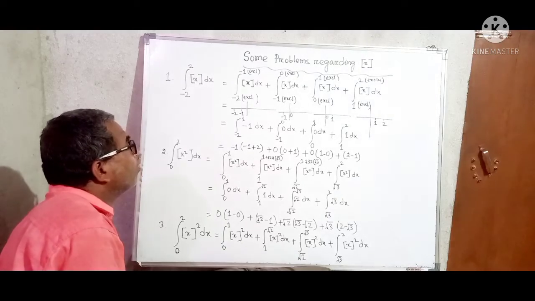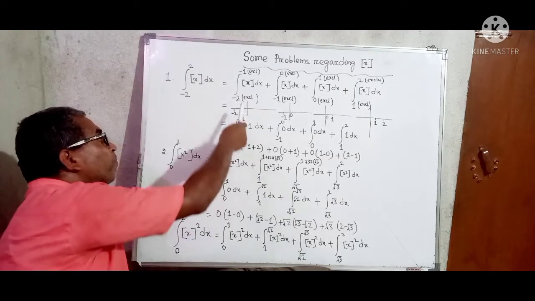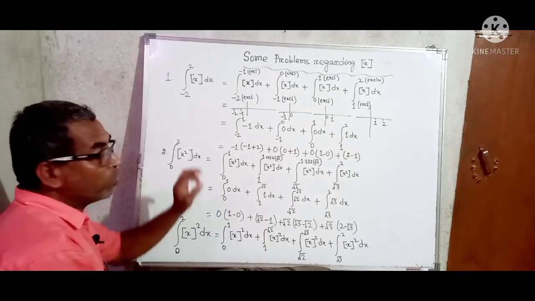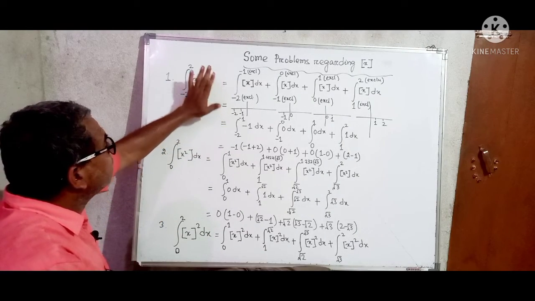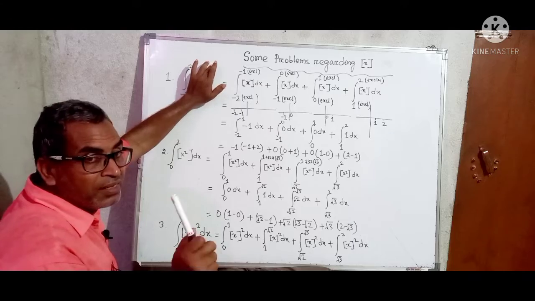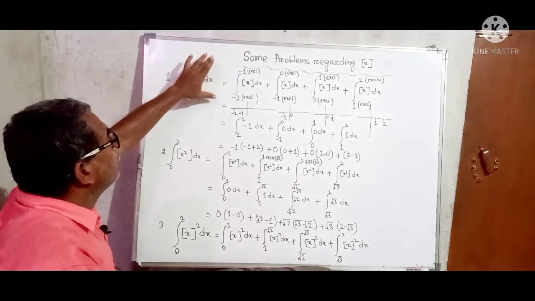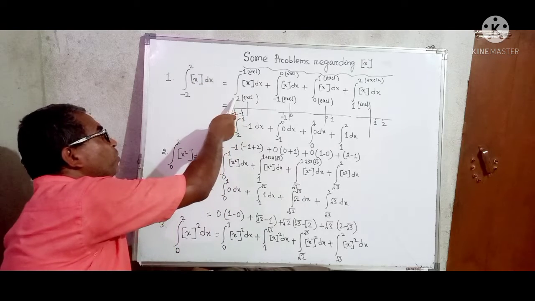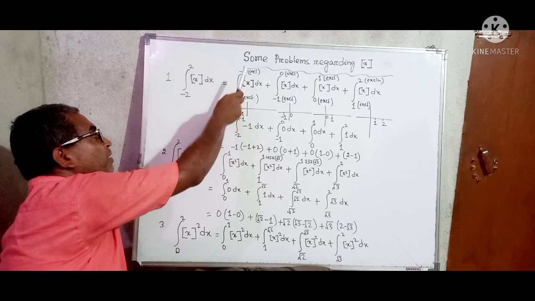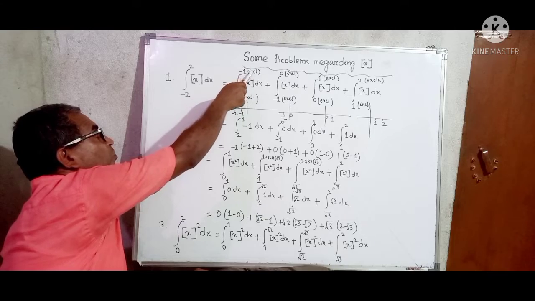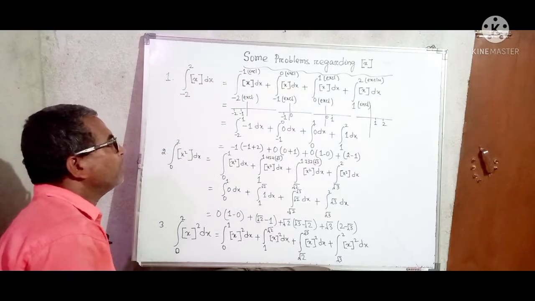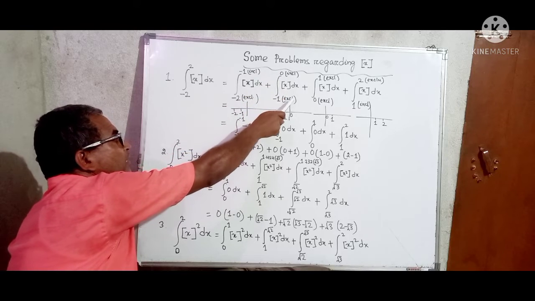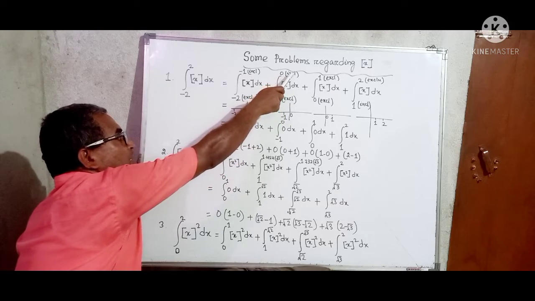Here -2 is excluded and -1 is included. Then -1 to 0: here -1 is excluded, 0 is included.